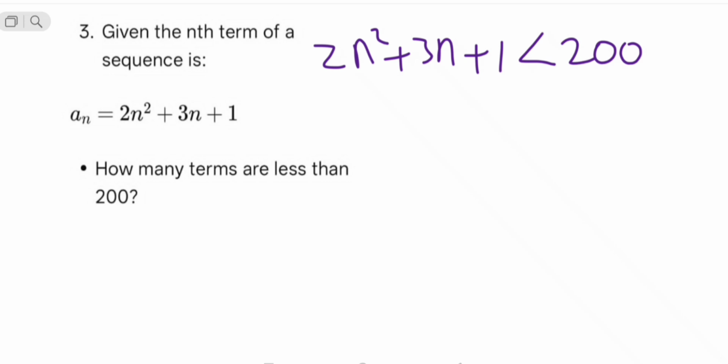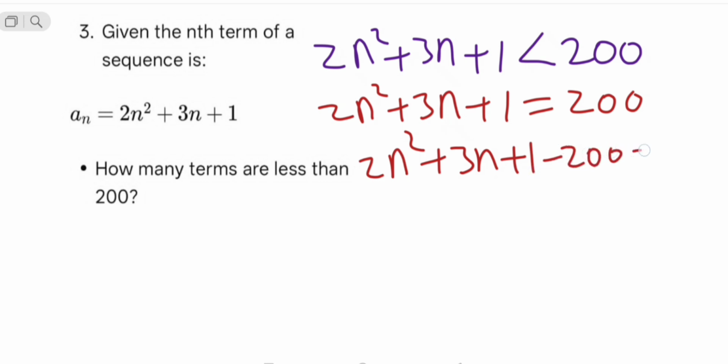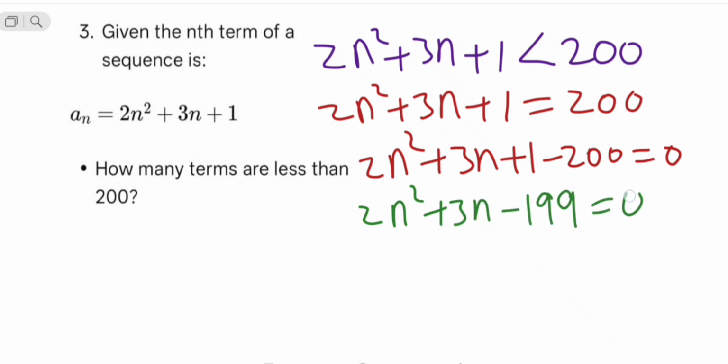To solve it, we will keep it equal to 200. 2n square plus 3n plus 1 equals 200. When it comes to this side, it will be negative. So 2n square plus 3n plus 1 minus 200 equals 0. So after simplifying, 2n square plus 3n minus 199 equals 0.